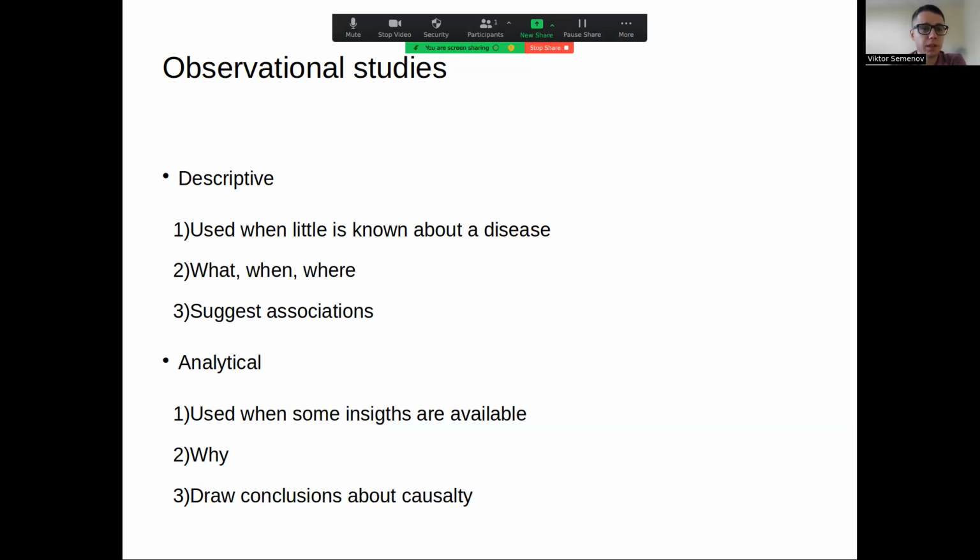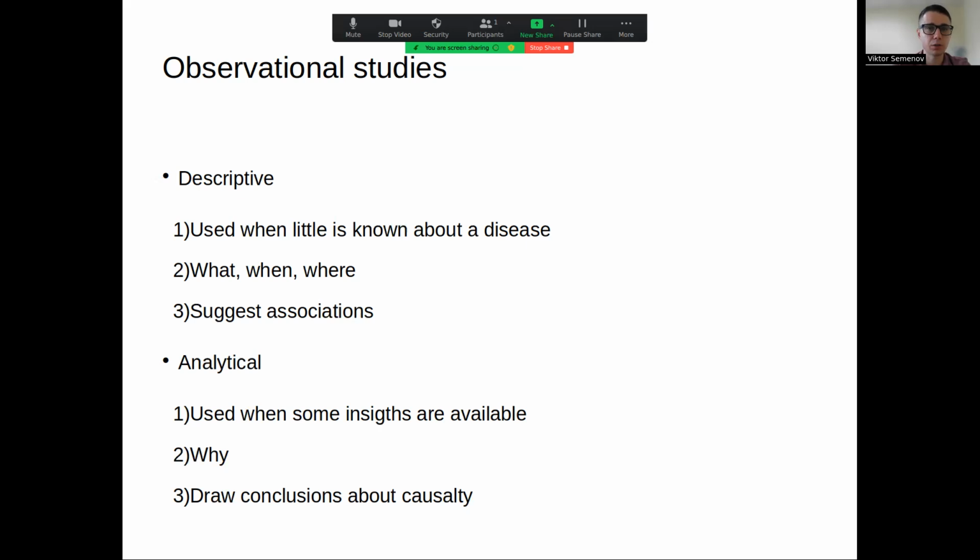In turn, analytical studies are used when some insights are already available, usually from descriptive studies, and try to answer the question why. Analytical studies also try to draw conclusions about the causality of diseases. So these are more advanced studies with more in-depth analysis.